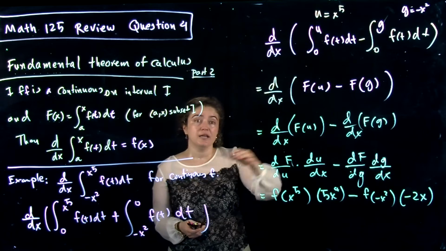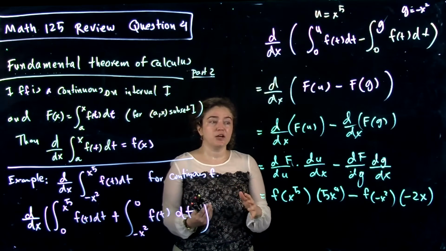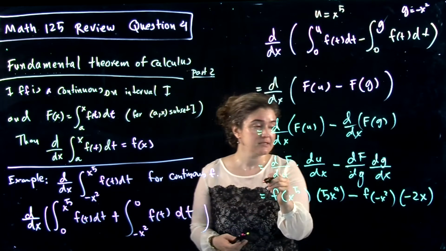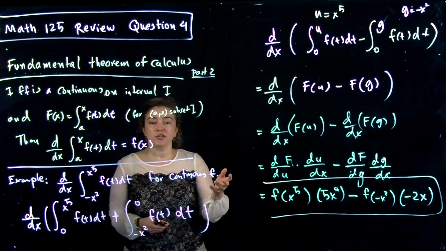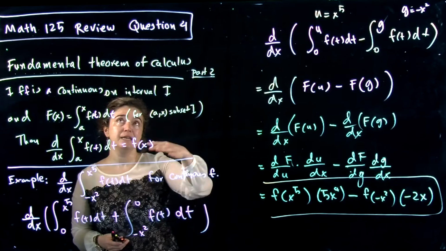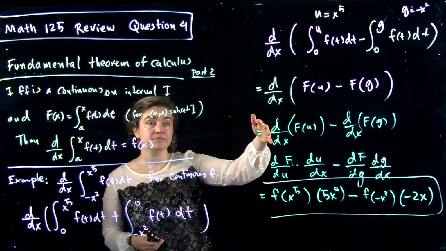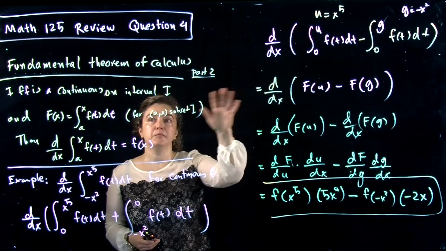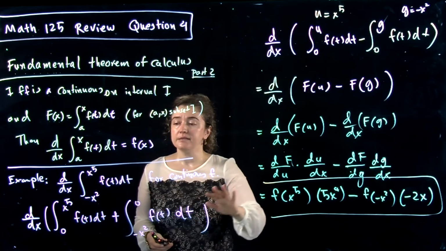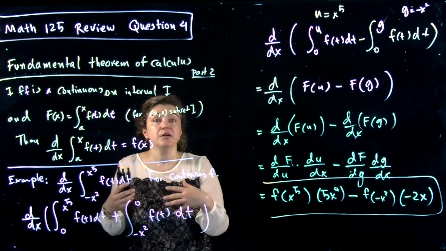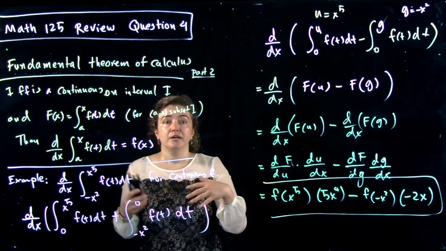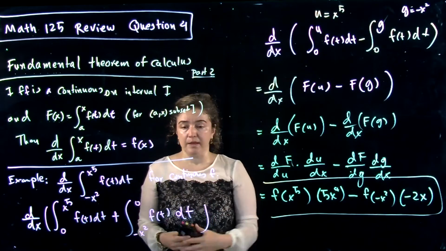So this was a good example, and this is the final answer. The only thing is that the function was f. So for the next part of this, the same example, I'm going to erase the board and put a function in here. Very complicated function, but it doesn't matter. And we continue with that.